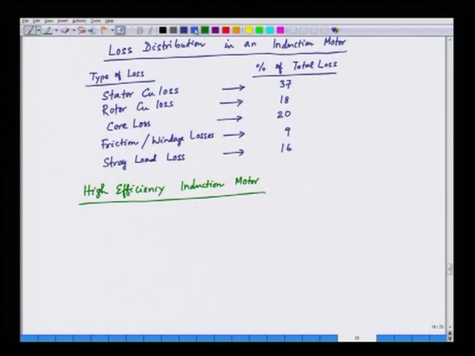We can achieve that by minimizing the copper losses by having copper in the rotor. So, if we have copper in the rotor, the losses are also minimized, and hence we have higher efficiency.